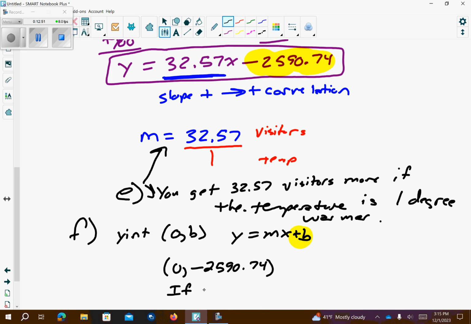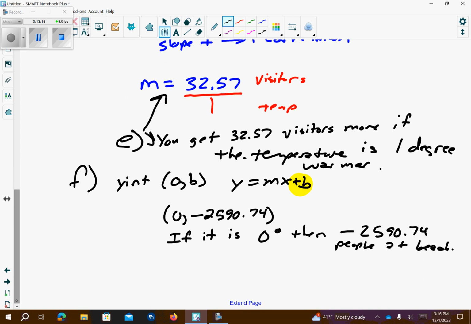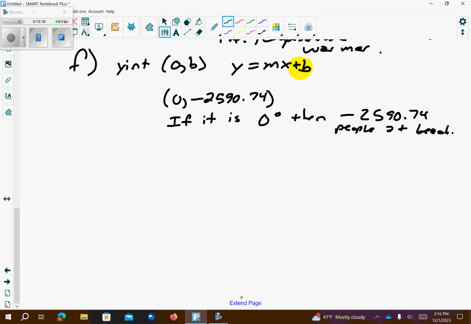If it is 0 degrees, then negative 2,590.74 people at the beach. Now, can I have negative people at the beach? No. So it doesn't always make sense, but that's what it means in the context. So if you're working with somebody, you might look at them and say, you're being silly, it shouldn't be that way.